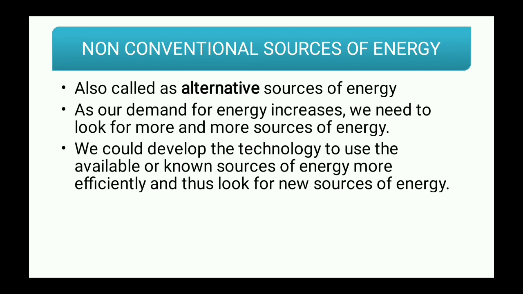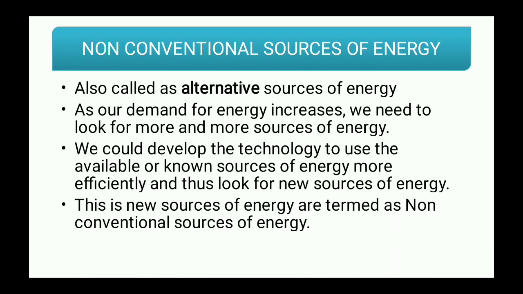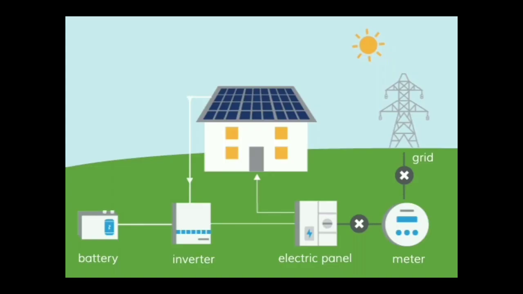We could develop the technology to use the available or known sources of energy more efficiently and thus look for a new source of energy. These new sources of energy are termed non-conventional sources of energy. Now, let us see some examples of non-conventional sources of energy.